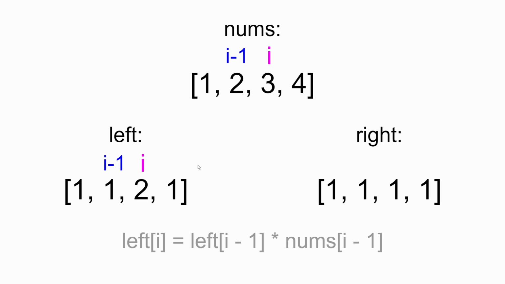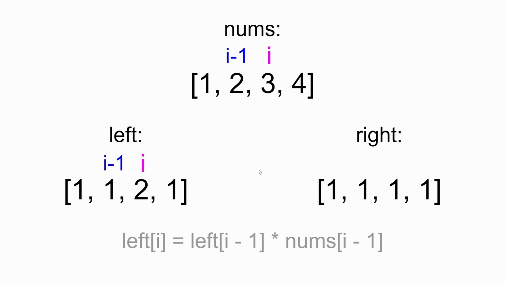Notice again how I'm keeping track of the product of all the numbers to the left of the specific index I'm at. Because I is equal to 2, this is going to be equal to 2 as far as the left product, because 1 times 2 is 2. That's why I'm updating this value to 2.